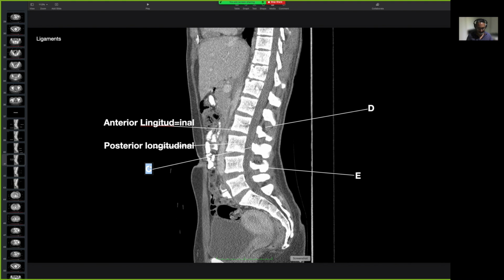Correct. D is interspinous, yes. So interspinous is between the spinous processes. Well, these are also between the spinous processes. E sits on top of all the spinous processes and goes all the way up. No, it's something spinous though. Supraspinous. Correct. All right, there you go. So you've got the ligaments done. Excellent. Okay, what's next?